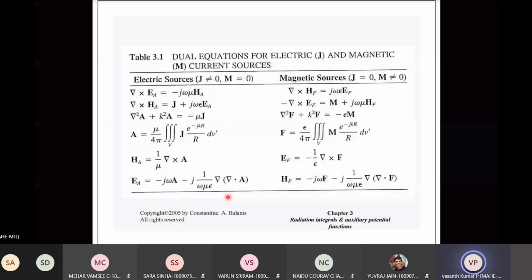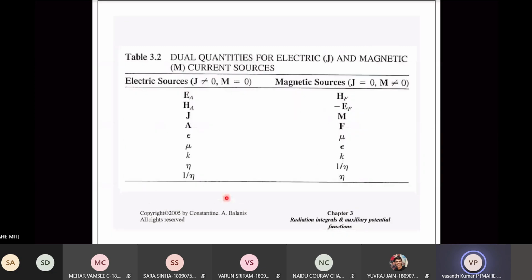Now, the duality relation is given by these dual quantities for electric current source J and magnetic current source M. So J not equal to 0, M equal to 0, and J equal to 0, M not equal to 0, these are the different cases. EA you replace by HF, HA you replace by minus EF, J by M, A by F, epsilon by mu, mu by epsilon, K by K, eta by 1 by eta.